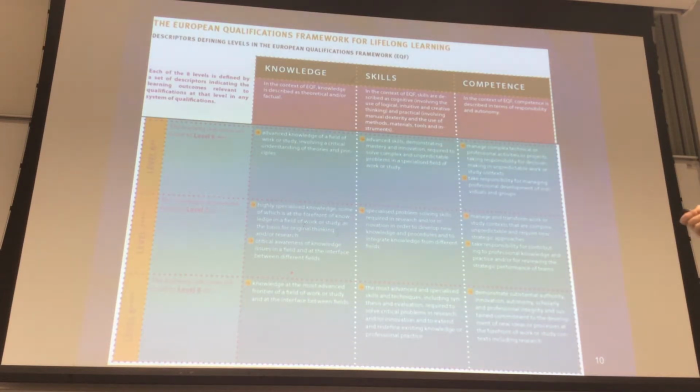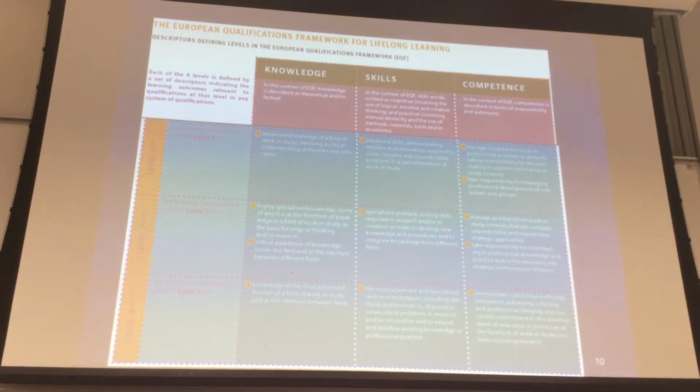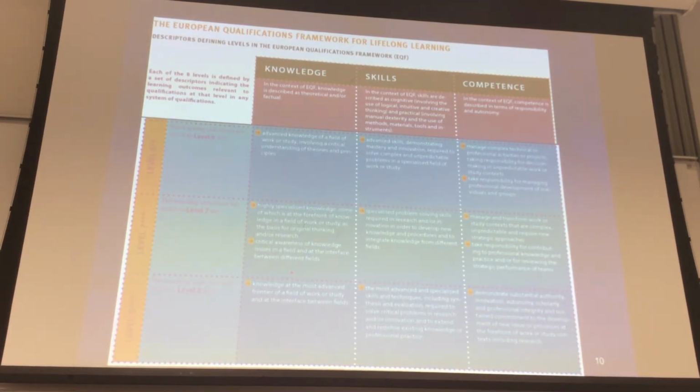Now skills are described as cognitive, in other words, thinking skills, logical, intuitive and creative thinking, and practical, involving manual dexterity. So in Europe, the word skills involves both skills of the mind and manual dexterity skills, very broad.